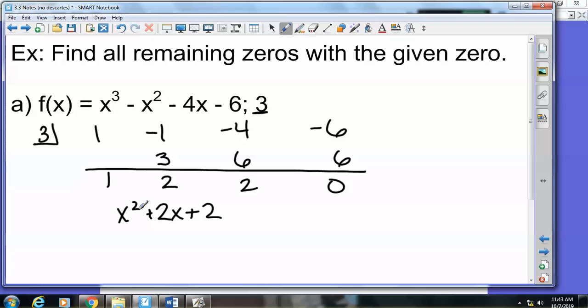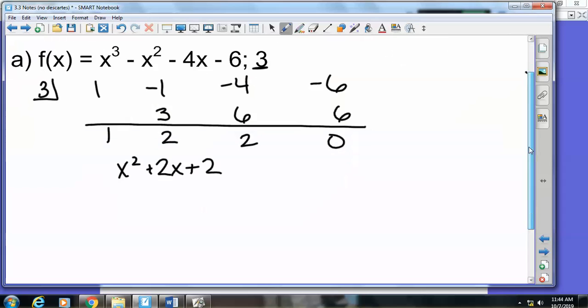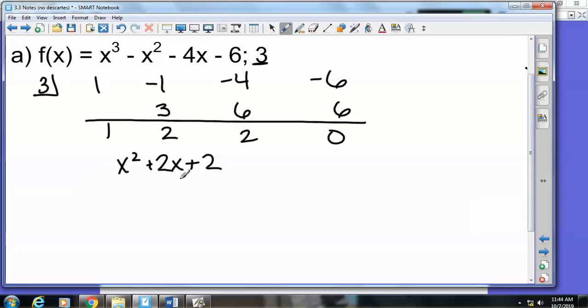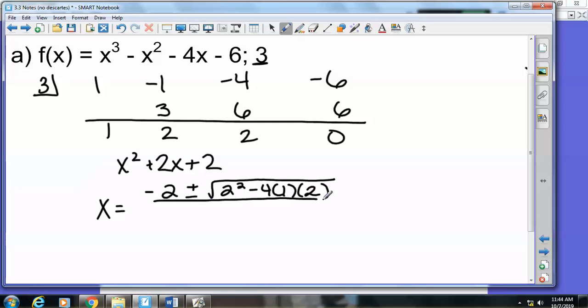Could use a graph calculator, we also have quadratic formula, don't we? So, because they could be imaginary, we need to do the quadratic formula here to finish it. So x equals the opposite of b, so -2, plus or minus the square root of b squared minus 4ac, all over 2a.